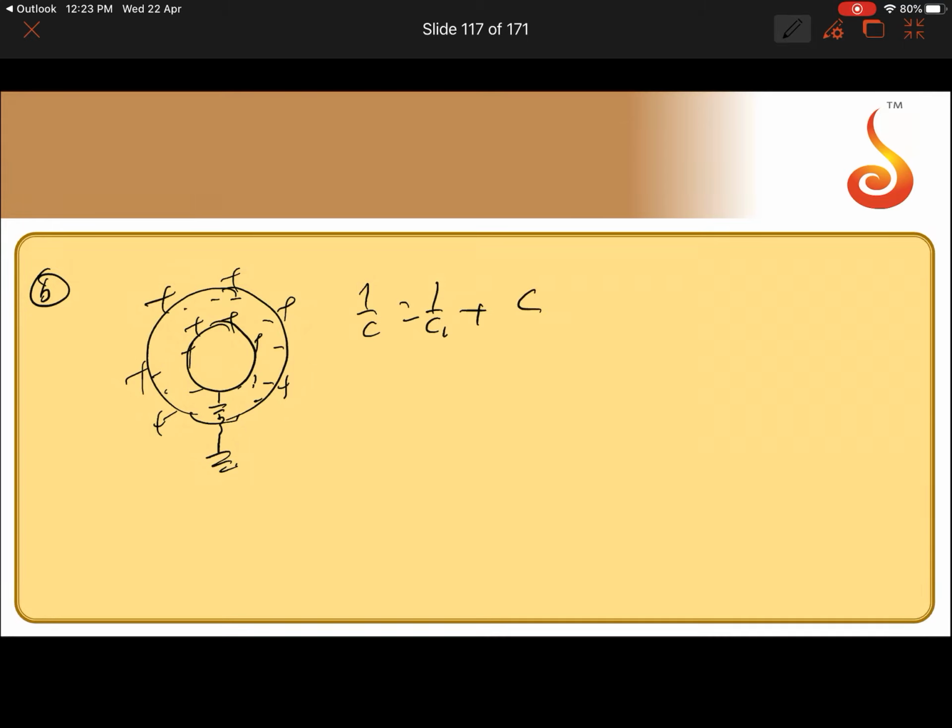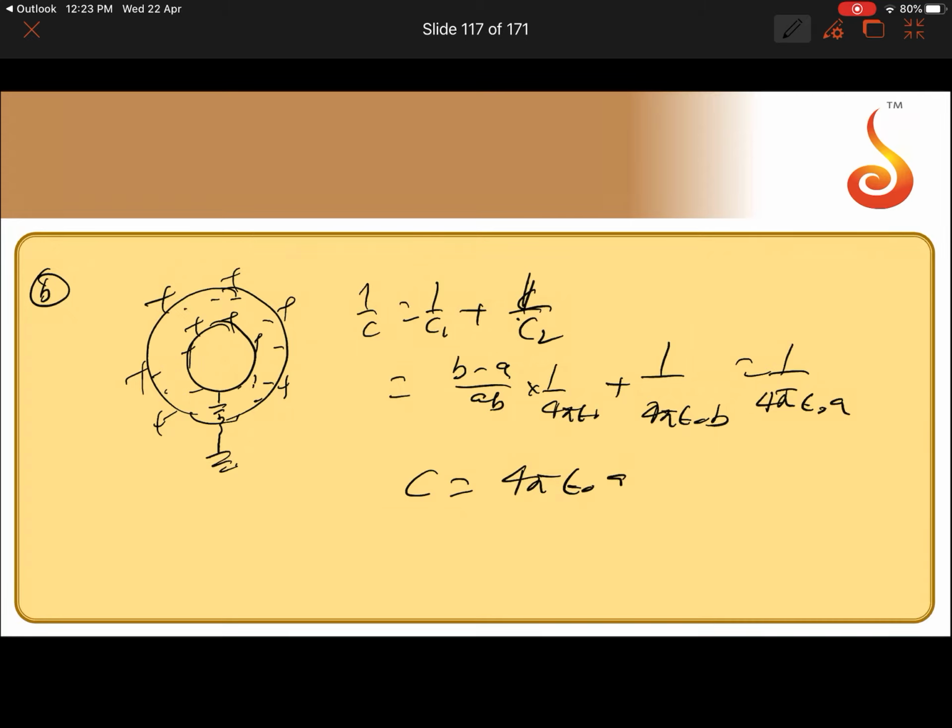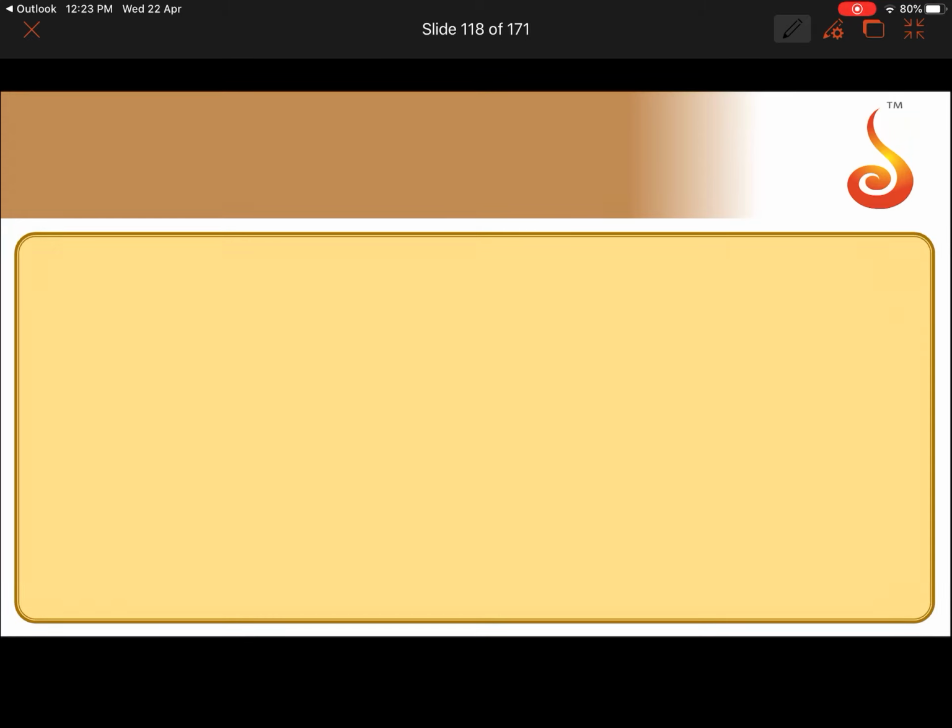So they are connected in series. Now the third part.